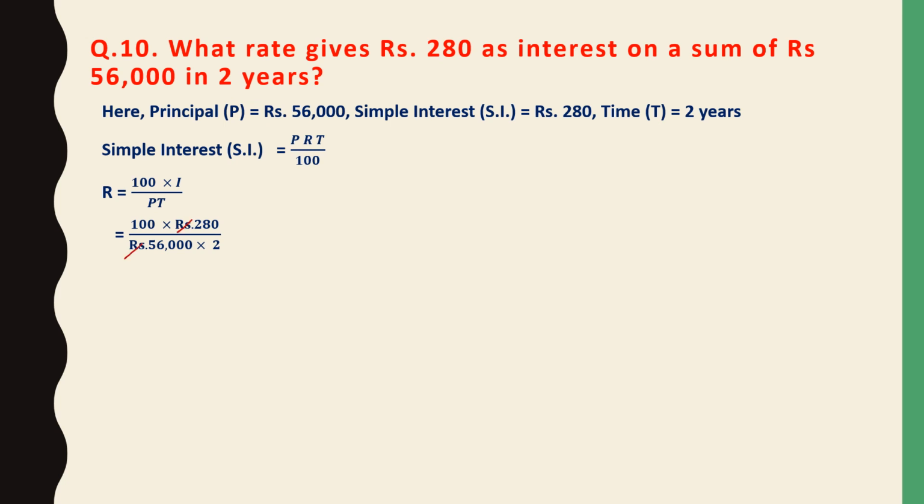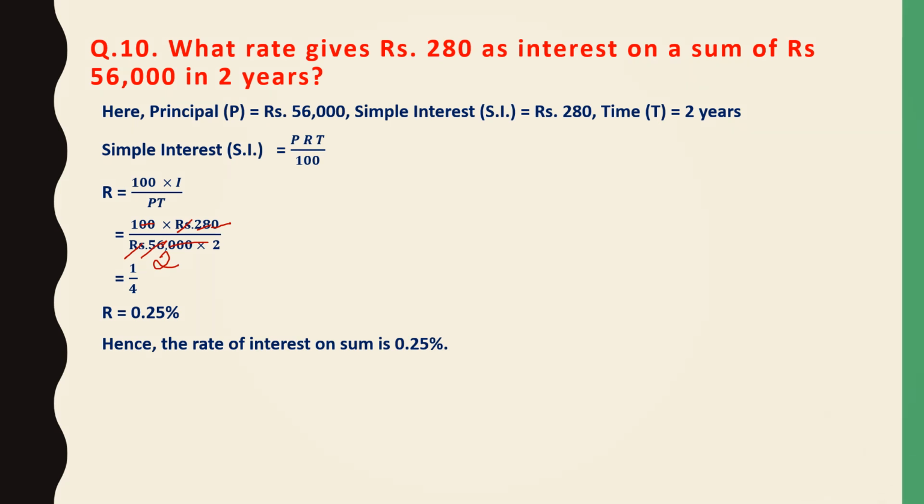Rupees cancel out, and all 3 zeros are out. 28 2s are 56. Here we get 1 by 4, which is 0.25%. Hence the rate of interest on the sum is 0.25%.